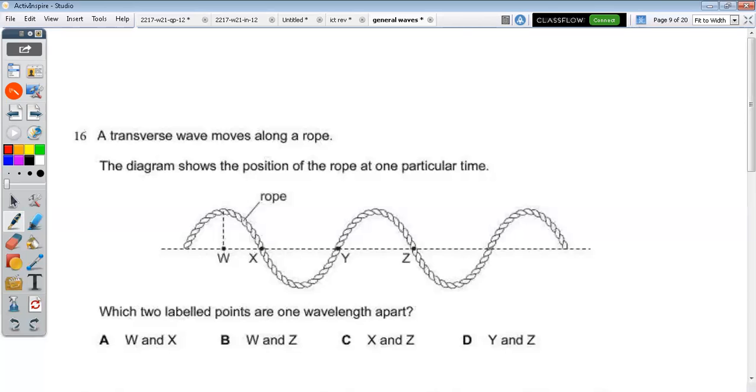So what do you think? Which points are one wavelength apart?